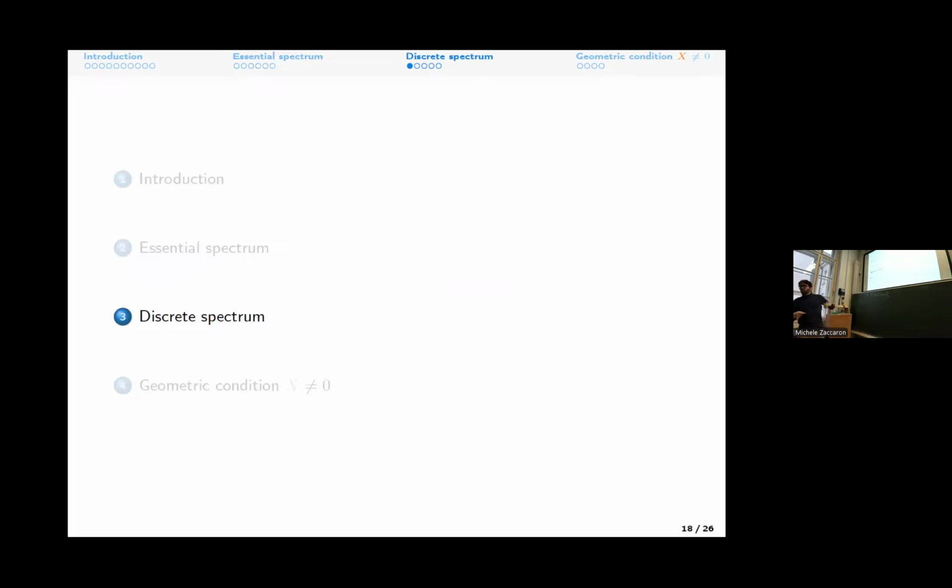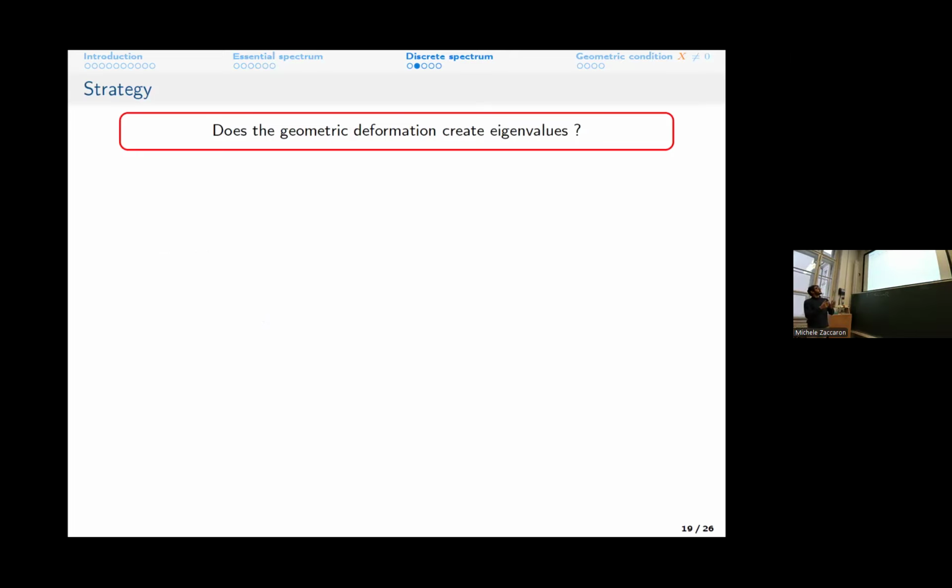Okay, but now you said to me, okay, you gave us this kind of problem: does the geometric deformation create eigenvalues, which can be interpreted in a physical sense as trapped waves or trapped modes? So we are mainly concerned with the discrete eigenvalues, so isolated eigenvalues of finite multiplicity.